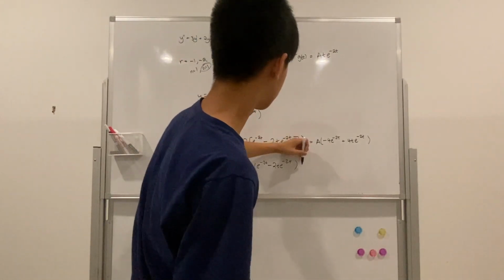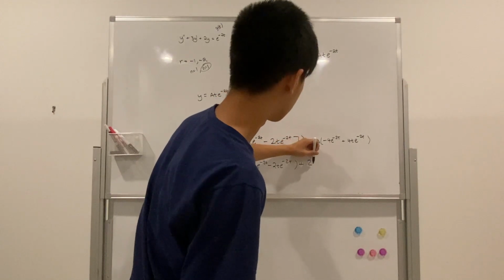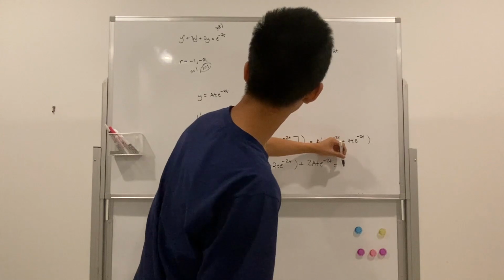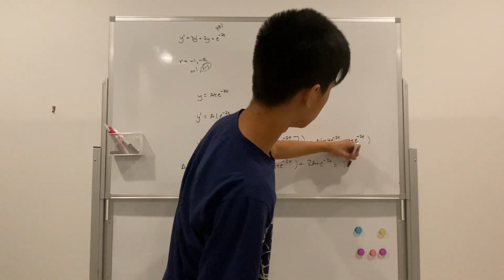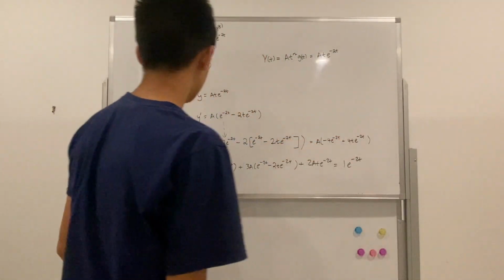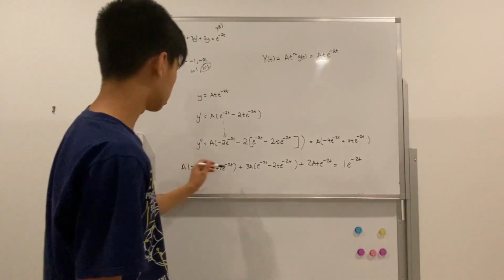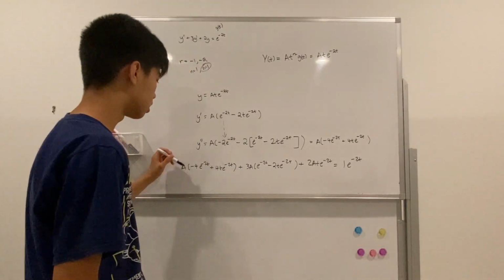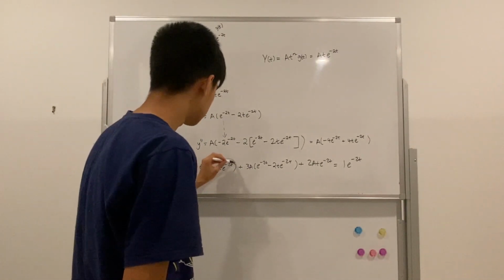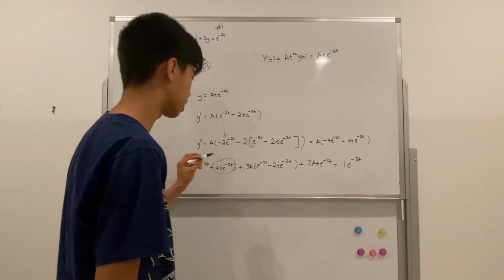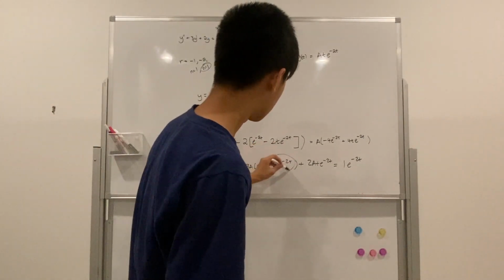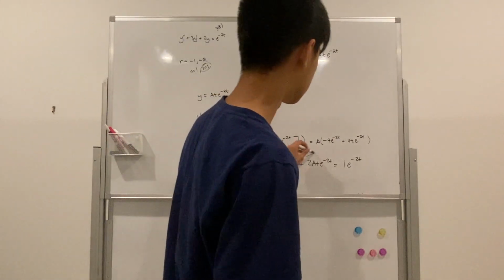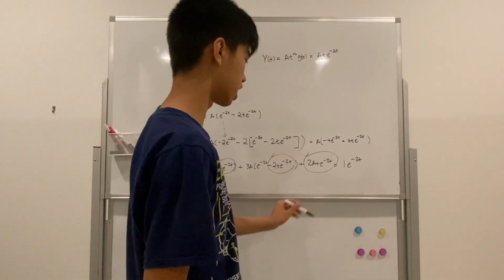Then you just add plus 2y, so that's 2At e to the -2t, equals 1 e to the -2t. If we distribute everything out, it's kind of a mess, but we know that this is 4At e to the -2t, this is -6At e to the -2t, and this is 2At e to the -2t.